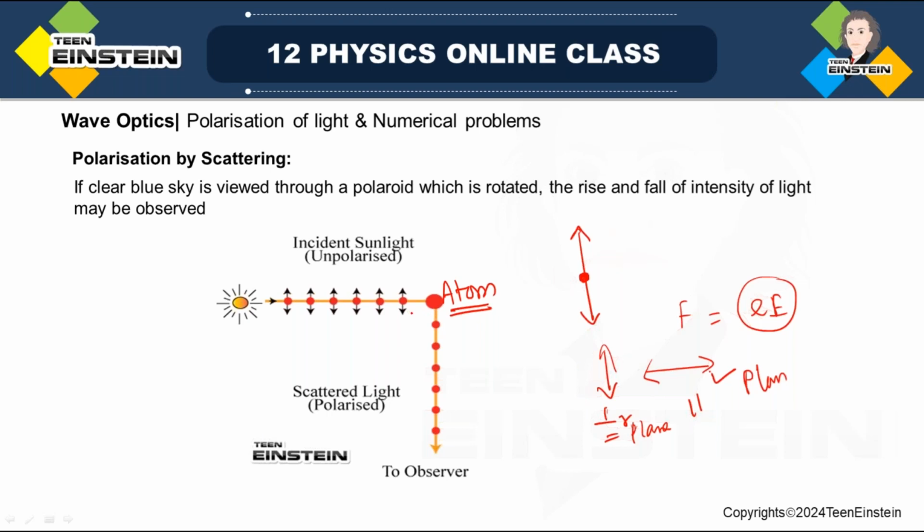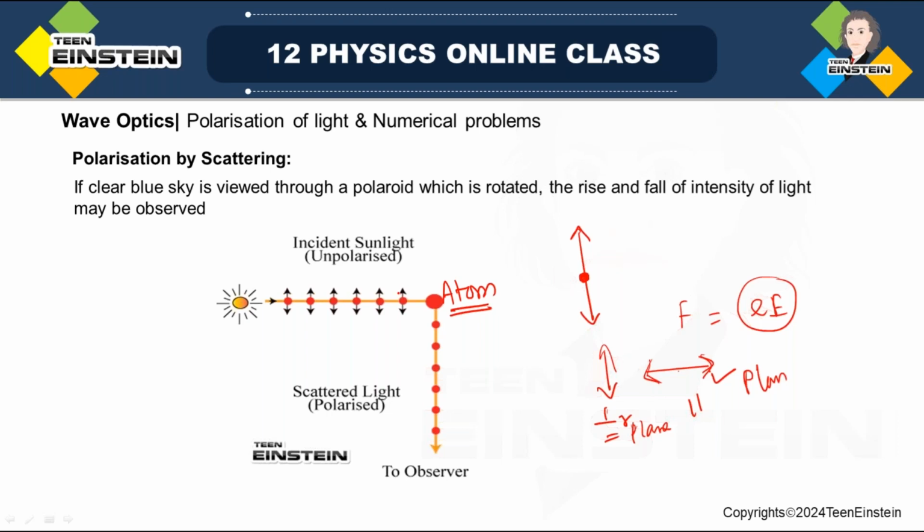The electric field vectors which are oscillating in plane can radiate light in plane only. Since they are oscillating in that particular direction, their radiation will not be coming this side.